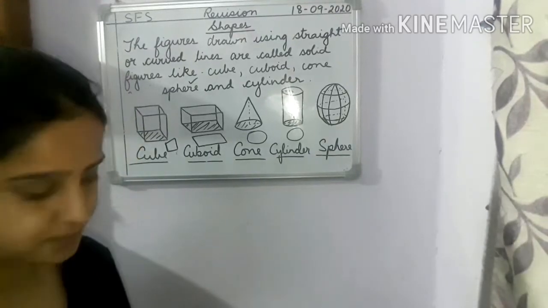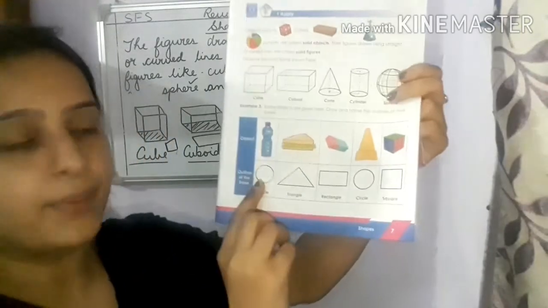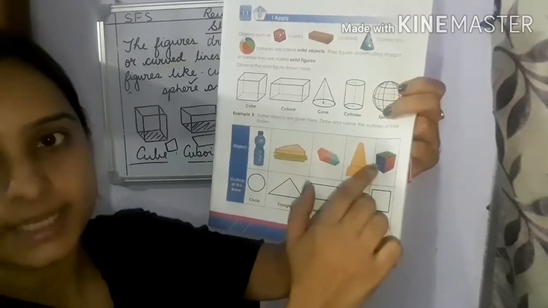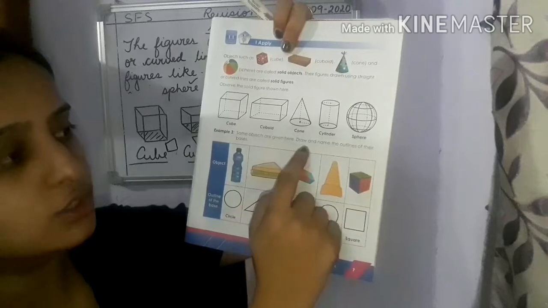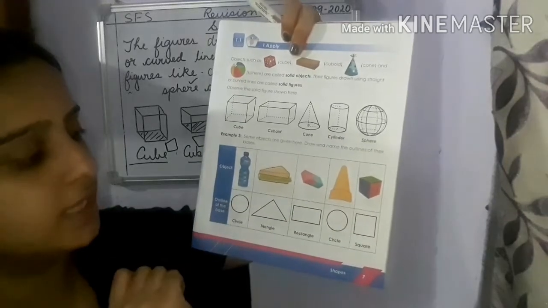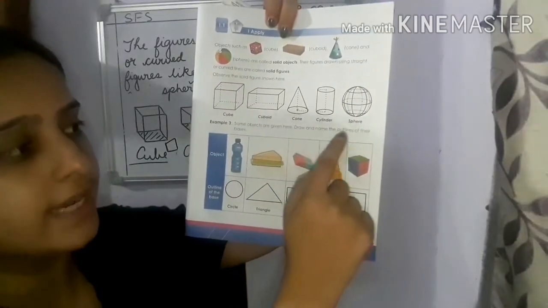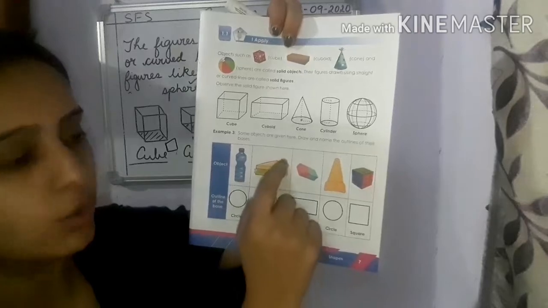Question number 2. You can see in your book, page number 7, these are the objects, and some objects are given below. Draw and name the outlines of their bases. Now children, they asked to draw and name the outline of their bases. You have to draw the outline.